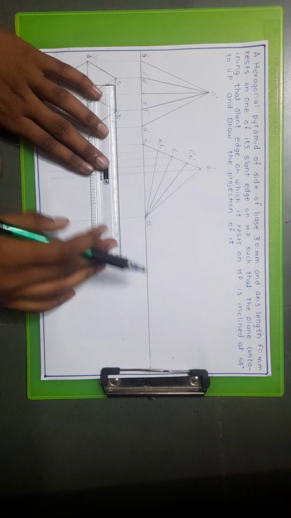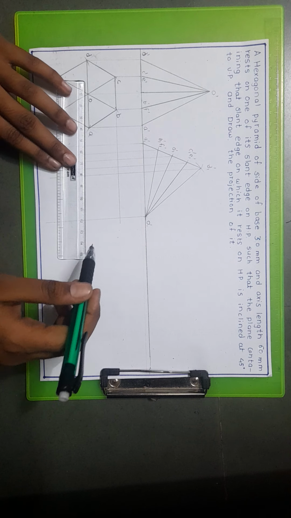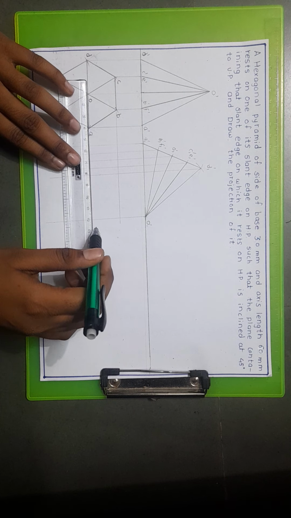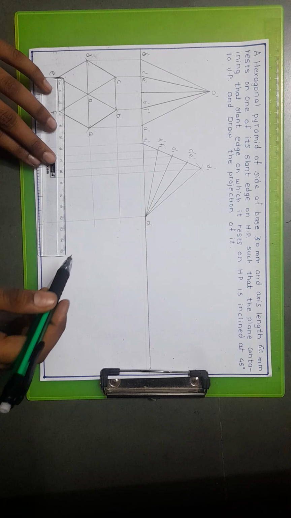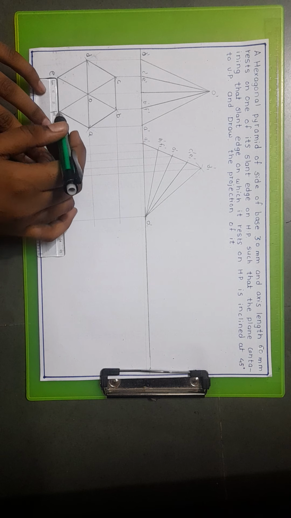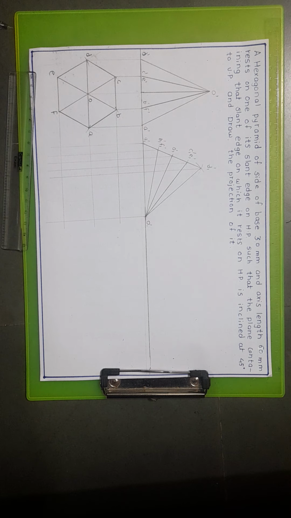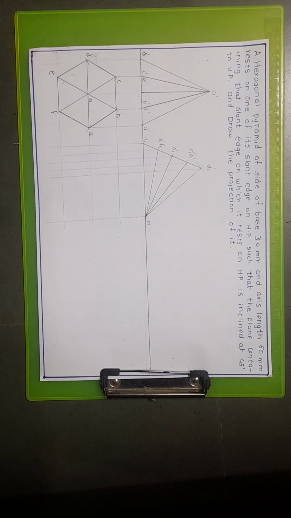Projections from here also. Okay, so I have taken projections from all these points.